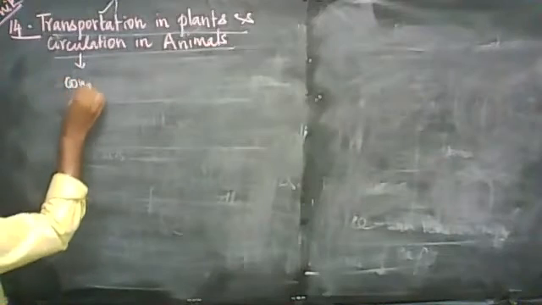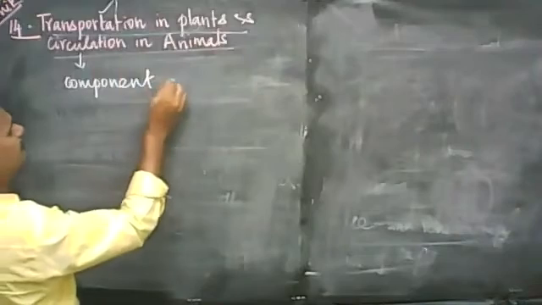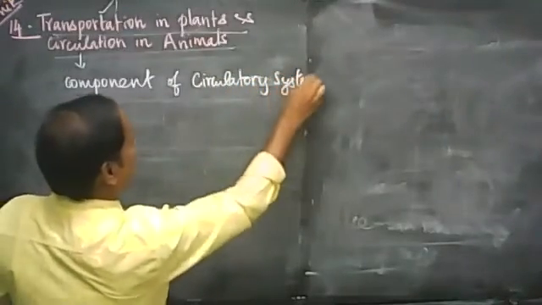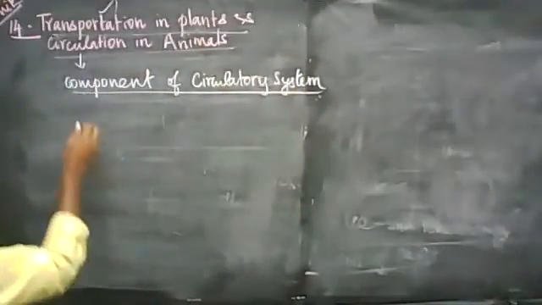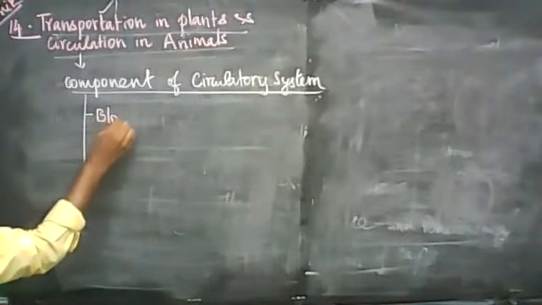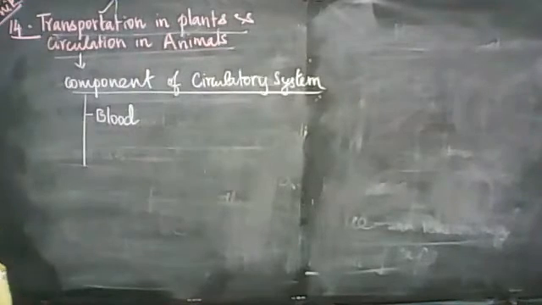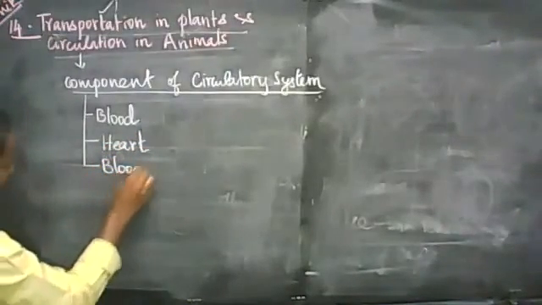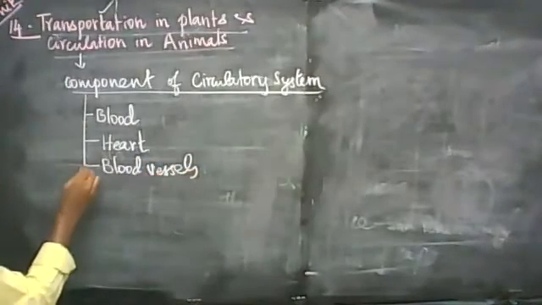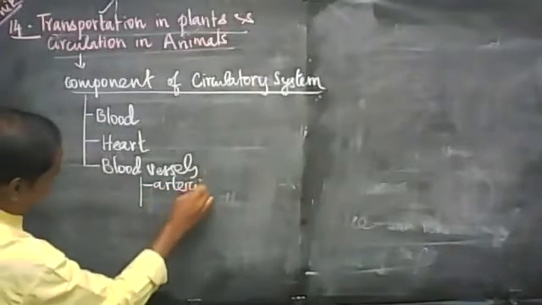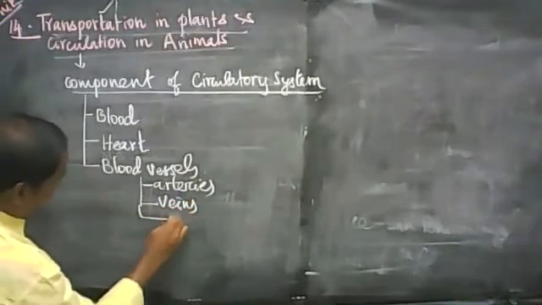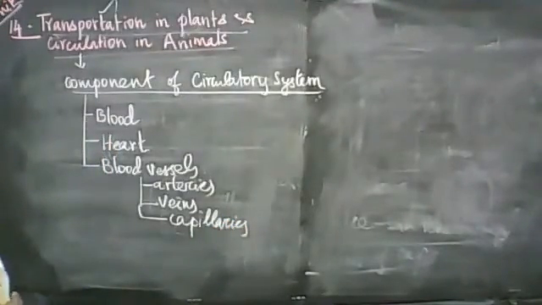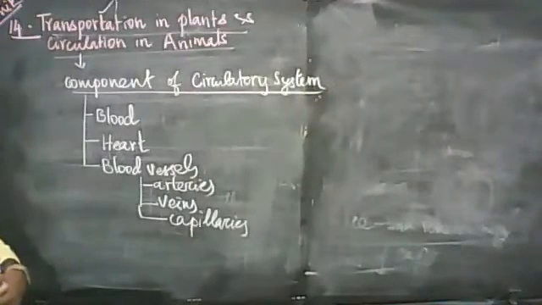The components of circulatory system: arteries, veins, and capillaries. So these are all the blood vessels.